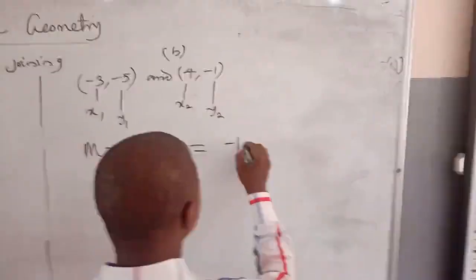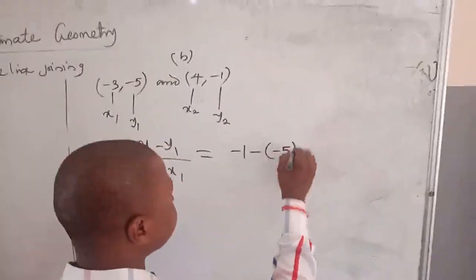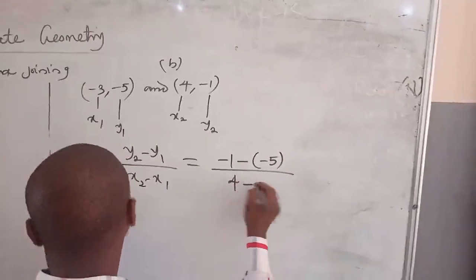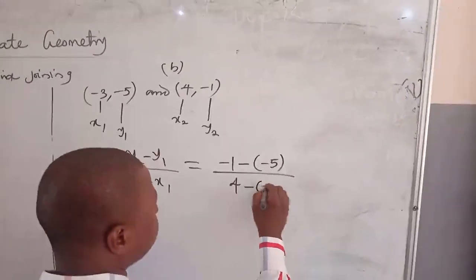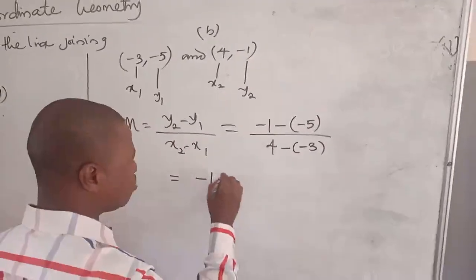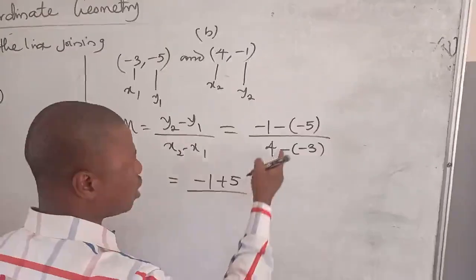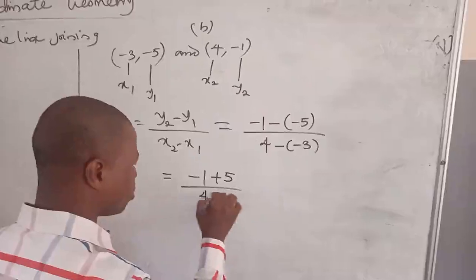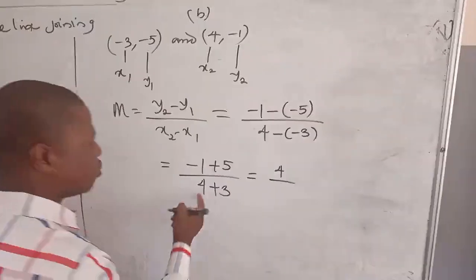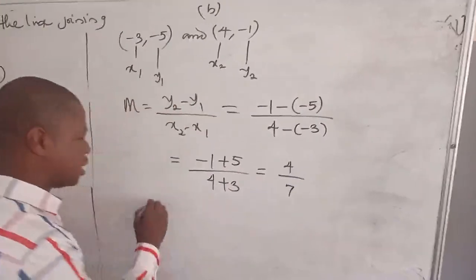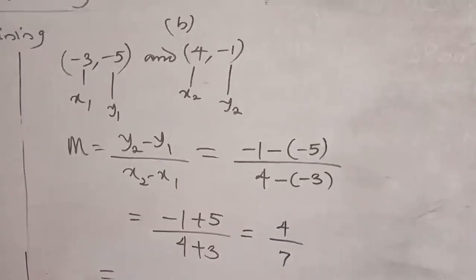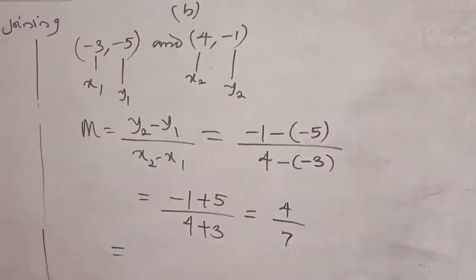We have minus 1 minus minus 5 all over x2, 4 minus minus 3. So we have minus 1, minus times minus, that is plus, 5, all over minus times minus, that is plus, 4 plus 3. Minus 1 plus 5, that is 4. 4 plus 3, that is 7. So 4 divided by 7, we have 0.5714.